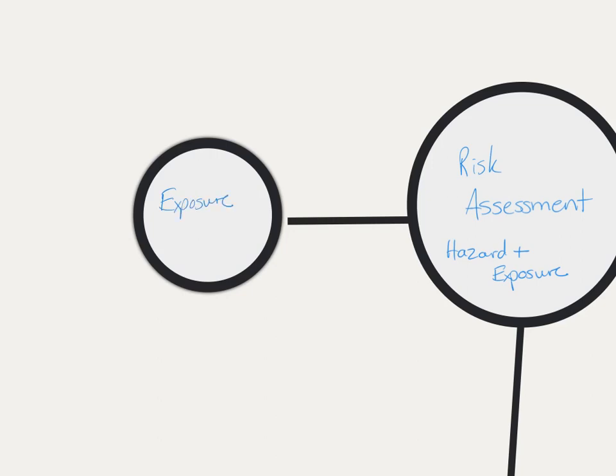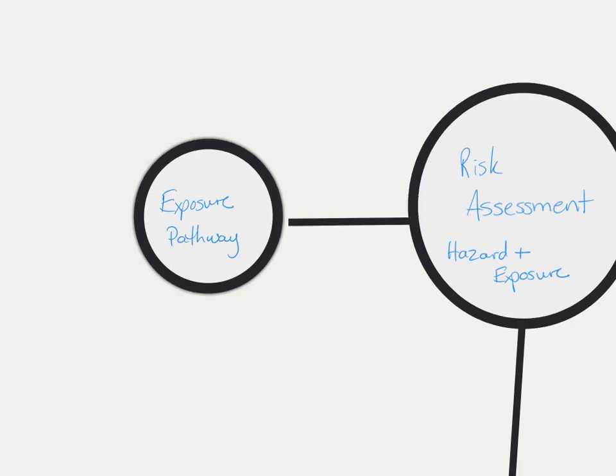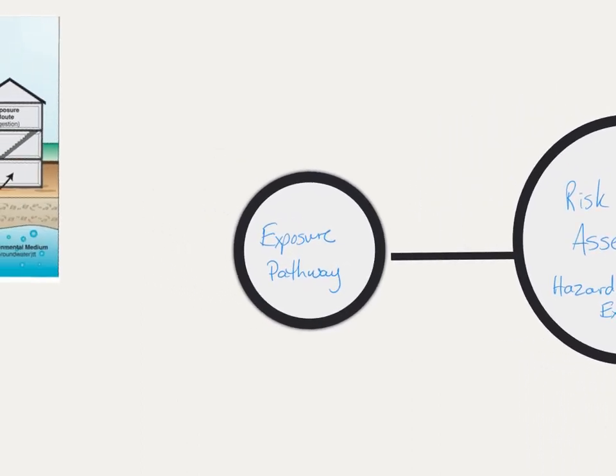In environmental health, we often talk about the exposure pathway as the terminology. The exposure pathway contains 5 concepts. First, the source of the contamination. Second, the transport of the contaminant.